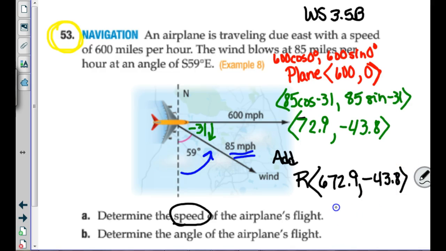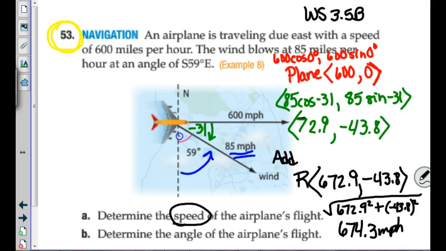Pythagorean theorem. So 672.9 squared plus 43.8 squared, square rooted. 674.3, anybody? What is that? Miles per hour.